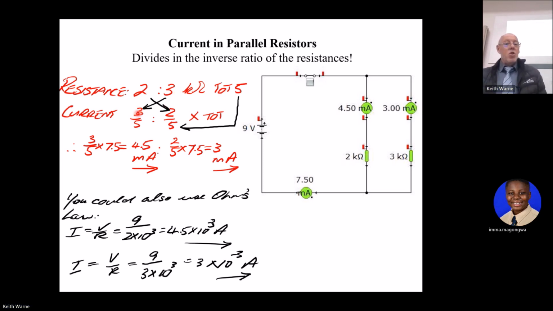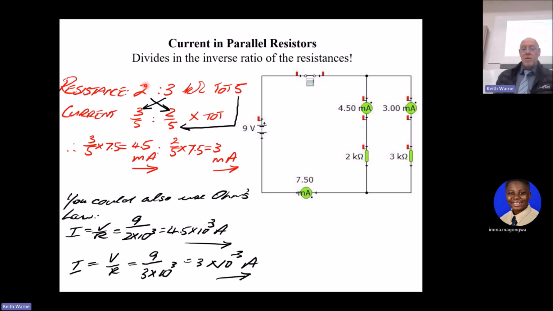Now, 3/5, the current will be in the ratio 3/5 is to 2/5. 3/5 times the total gives you 4.5. That's the current through the 2 kilo ohm resistor. 2/5 times the total gives you 3, which is the current through the 3 kilo ohm resistor.